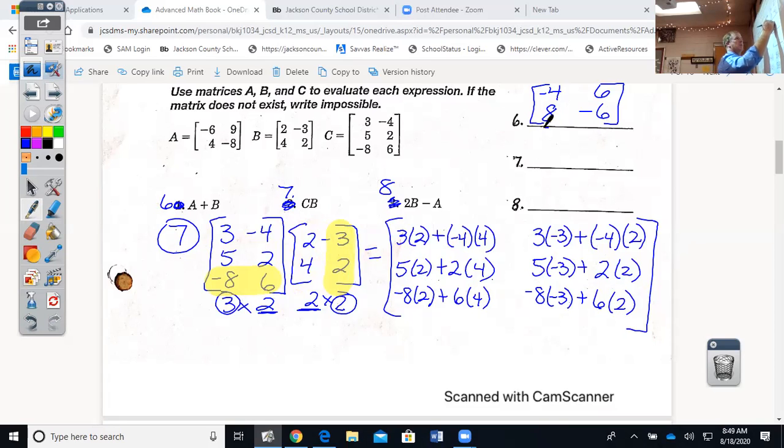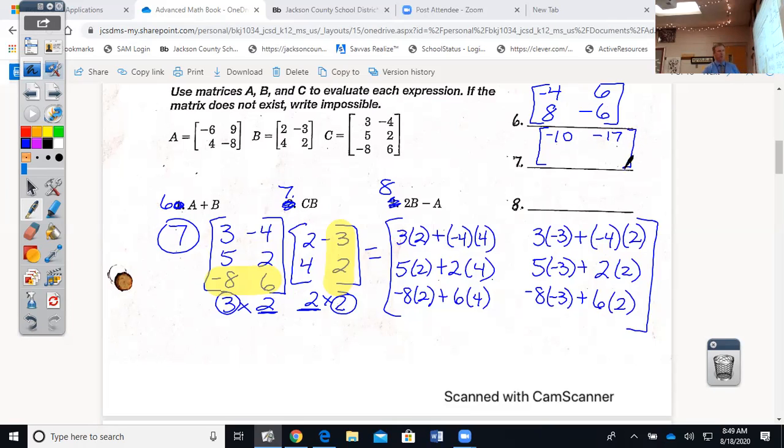And then please don't leave it like that. Simplify, okay? So 3 times 2 plus -4 times 4 was -10. Is that right? -10. Top right corner, we got -9 minus 8 would be -17.